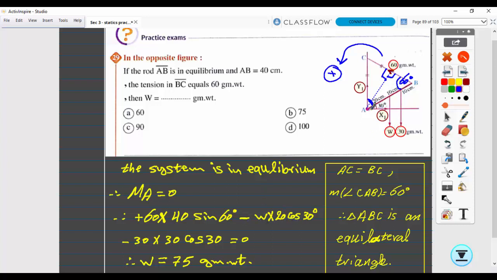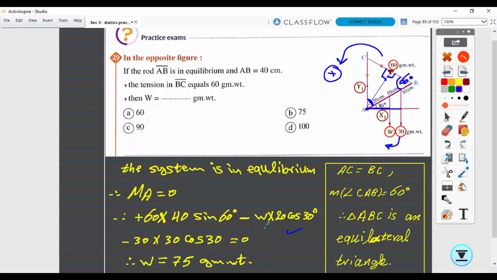W multiply this distance here equals 20 cosine 60, cosine 30, minus the moment of the force, or the weight, 30 here. 30 multiply this length, which equals 30 cosine 30 again.